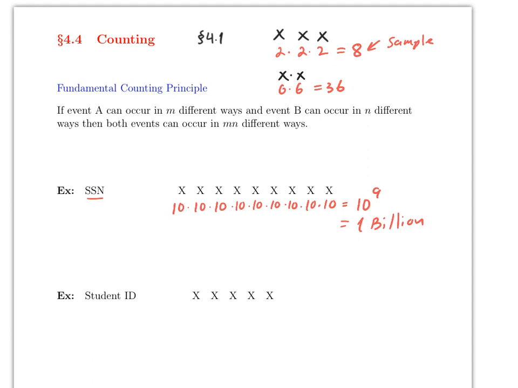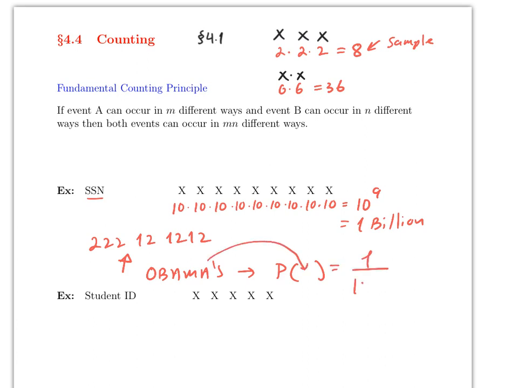So if I give you a social security number like 222 12 12 12, what would be the probability that this is Obama's social security number? The probability that this is Obama's would be 1 over 1 billion. And that's it.